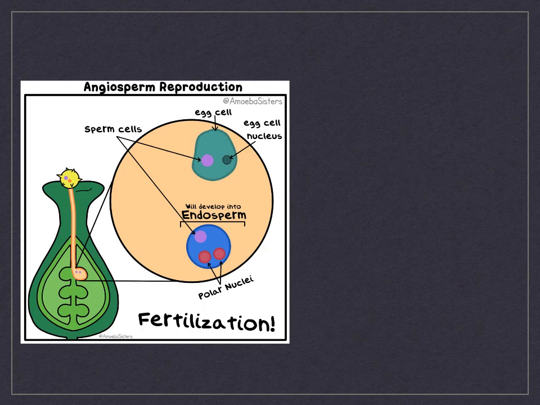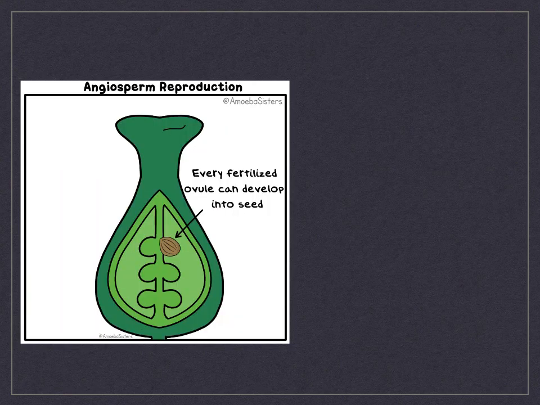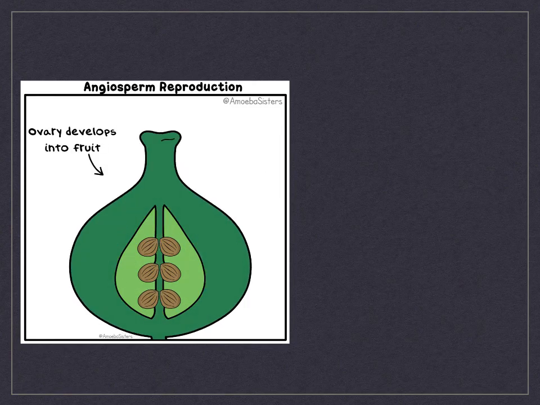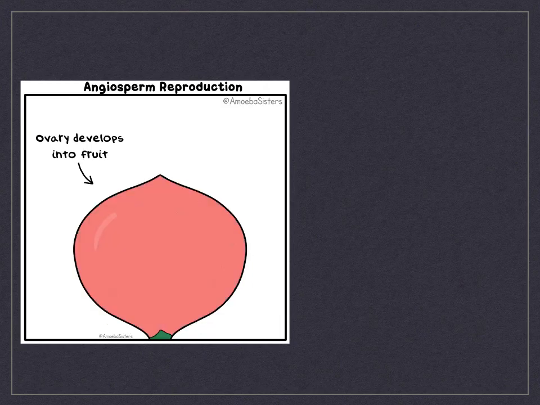As two nuclei participate in this process, it is called double fertilization. So as you can see, now the ovule will develop into seed and the ovary into fruit after fertilization.